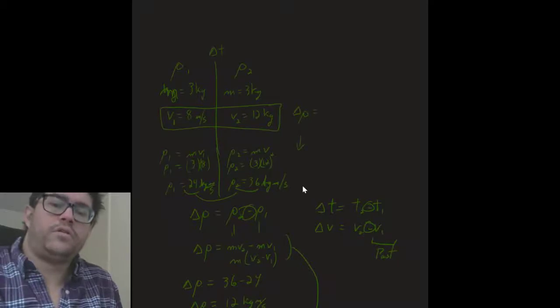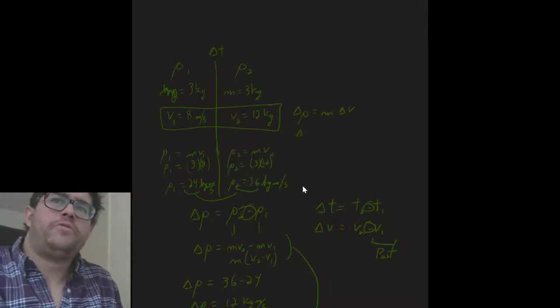So we did all this. Now we're going to use one formula. Difference in momentum is 3, mass 1. But because again, we want to know the change in momentum, 3 times 12 minus 8.